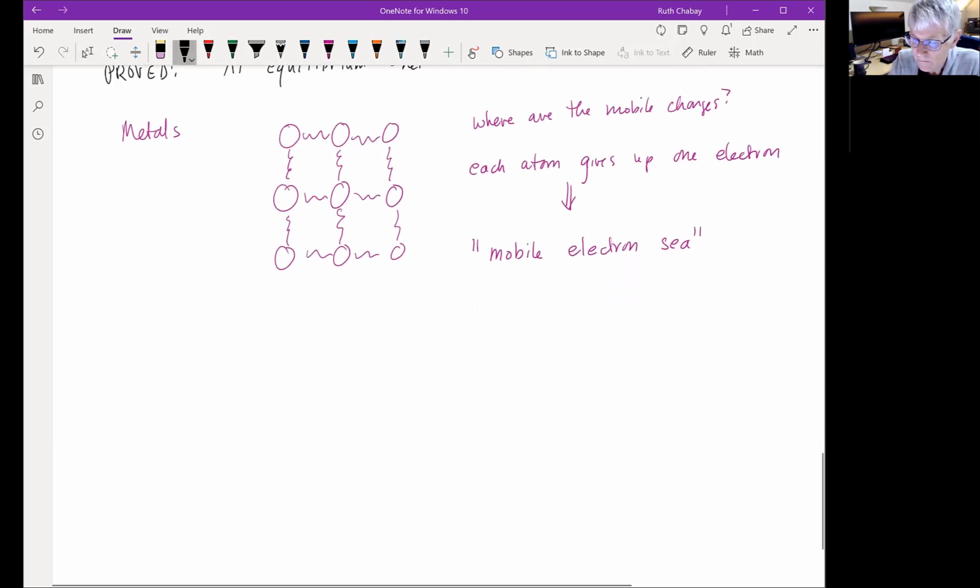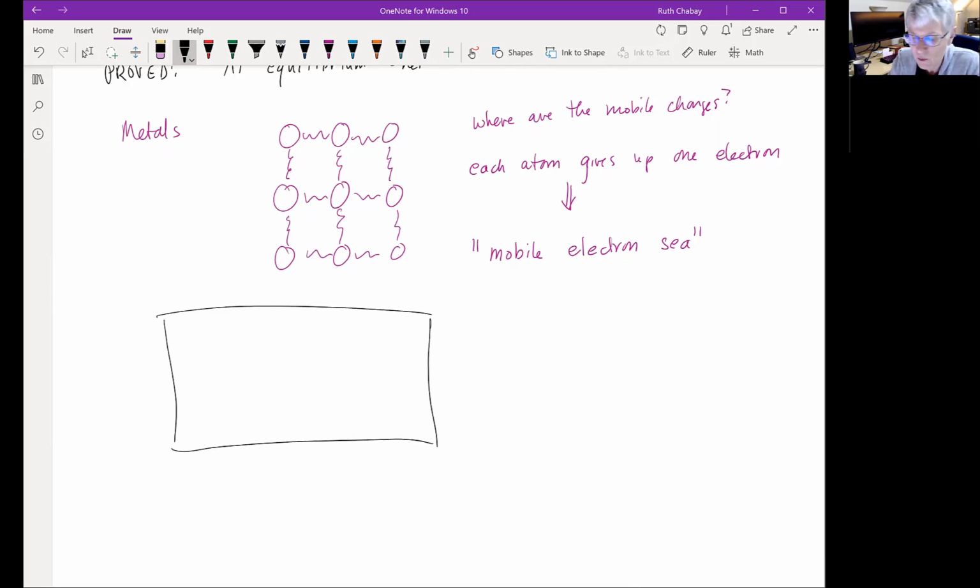So in a metal, we've got a bunch of ions that are still bound together, and each of these nuclei is slightly positive because it's given up an electron.